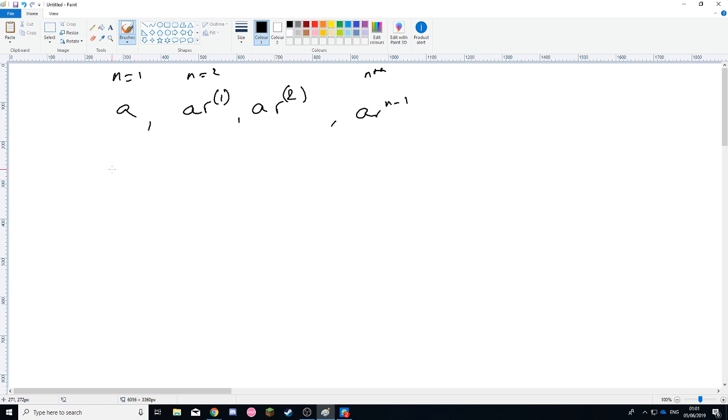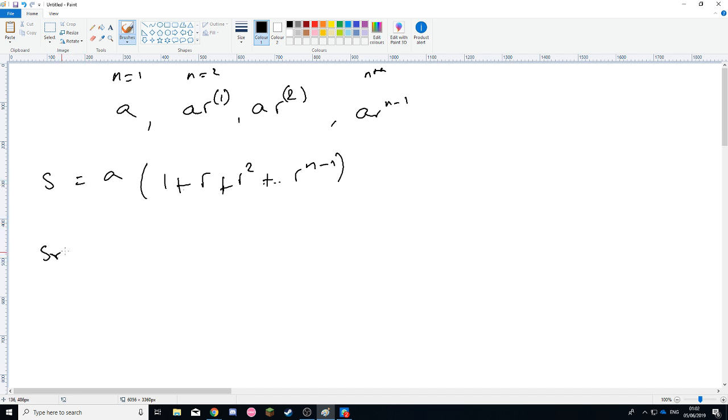Now the general formula, I'm going to derive it, I needed to derive it anyway. So this is the sum. Let's say S is equal to this.